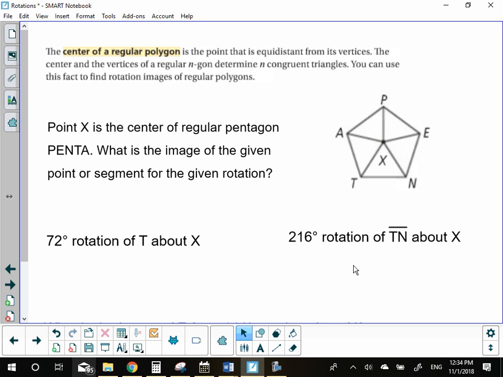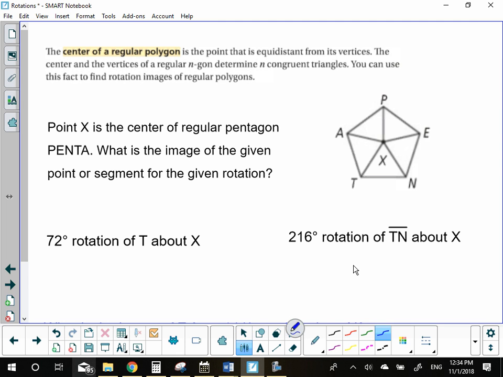So we can split that into 5 equal parts. What would be the angle of each little part? 360 all the way around, split in 5 sections. Each of these little things is 72 degrees.